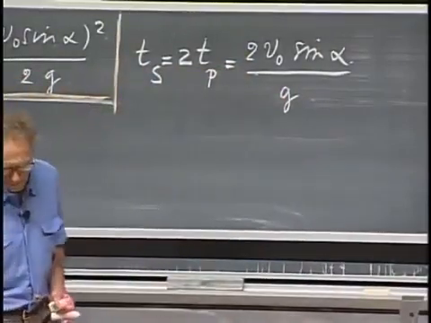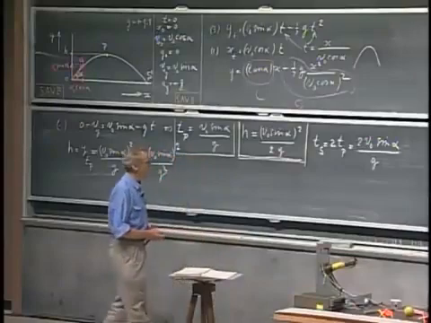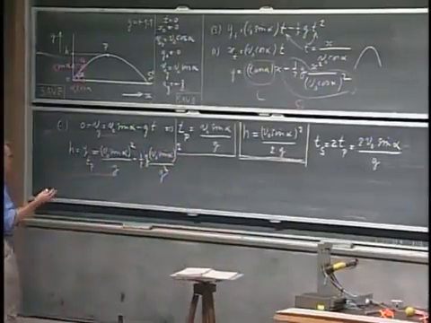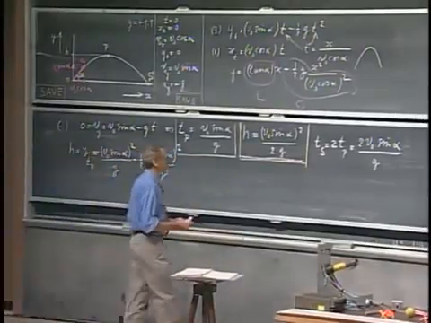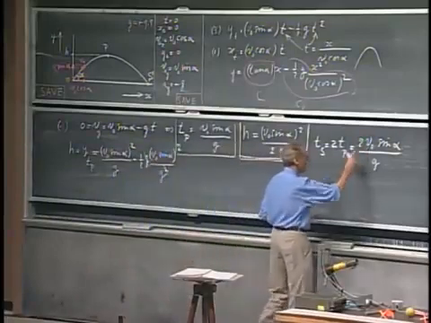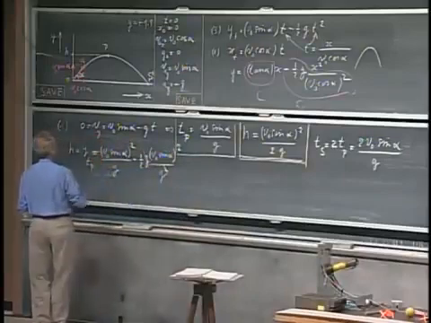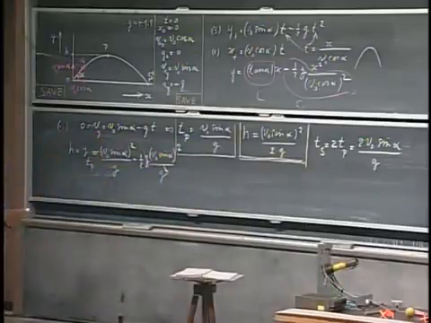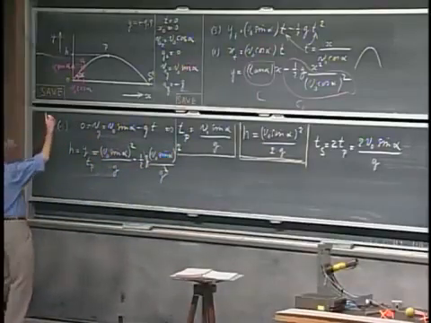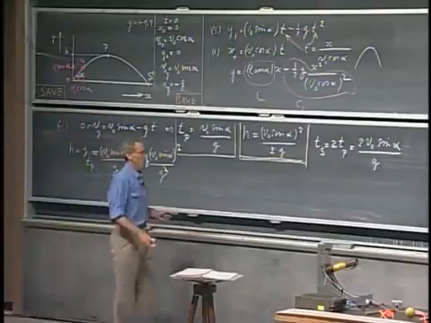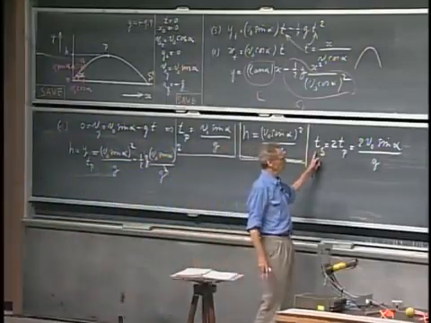But now we want to look again whether the v0s and the sine alphas have the right place. Indeed, if I increased the speed, I would expect it to take longer before it reaches S. If I give it a larger speed, it will come out farther, and obviously the time will take longer.